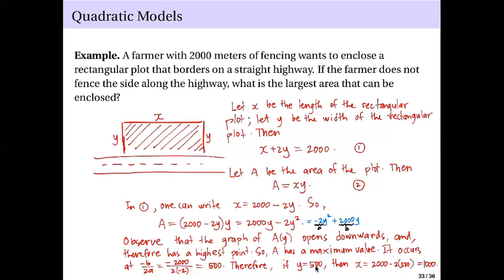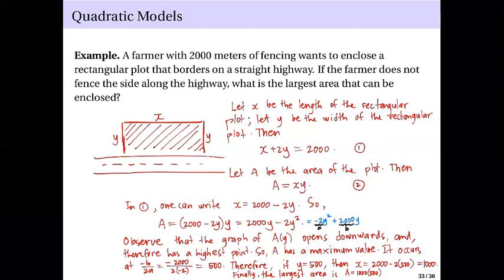So you have your y 500, you have your x 1000. The maximum area will be 500 times 1000. Finally, let me just write it here. Finally, the largest area is A equals 1000 times 500.